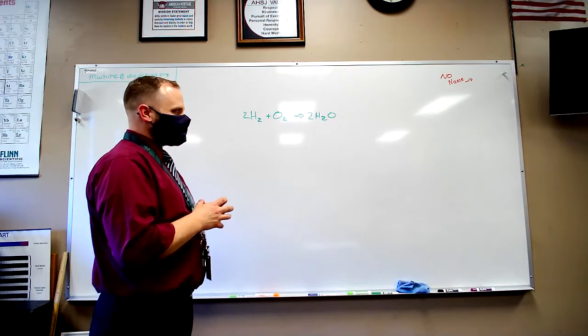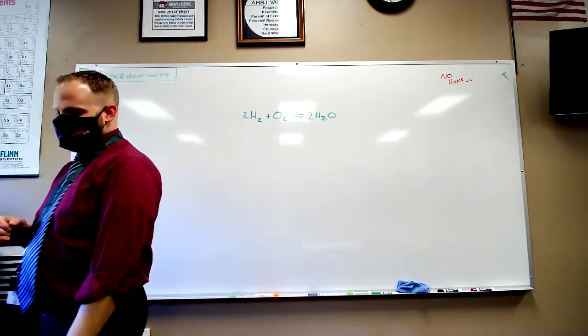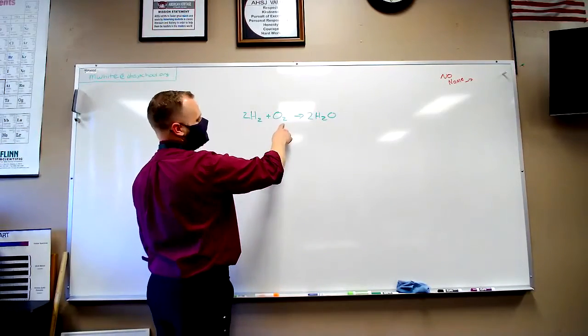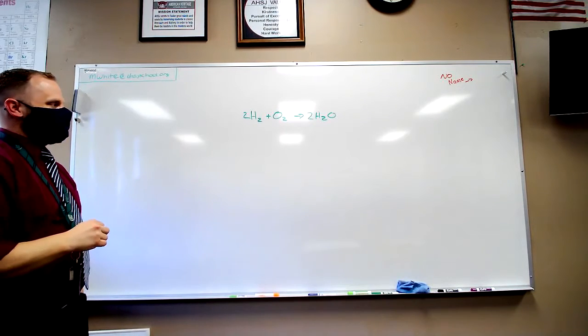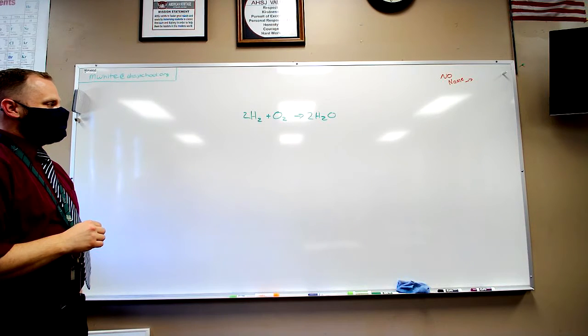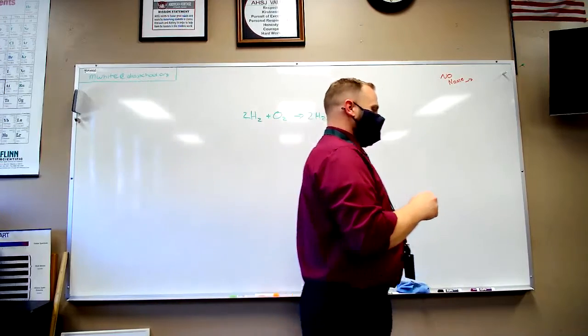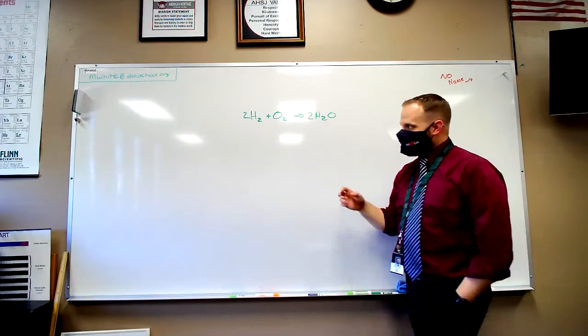This fuel cell solves both of those problems. We're going to generate electricity, and we're going to generate our drinking water. So that is typically how we generate electricity for a lot of these spaceships.